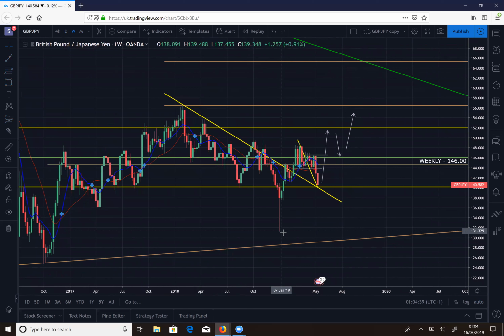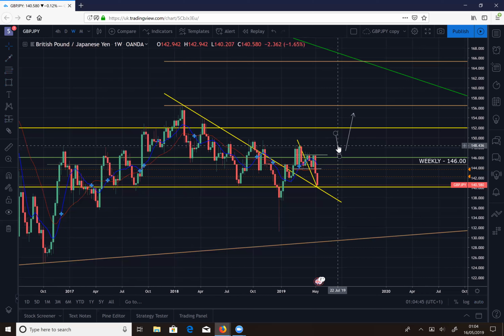It's going to be a slow process. So this is what I'm expecting: GJ to be ranging between 144.50 and 140, then between 146 and 152. Just a lot of ranging between these levels.